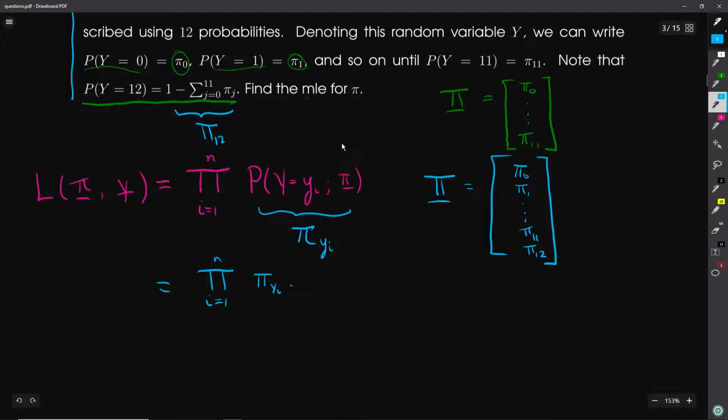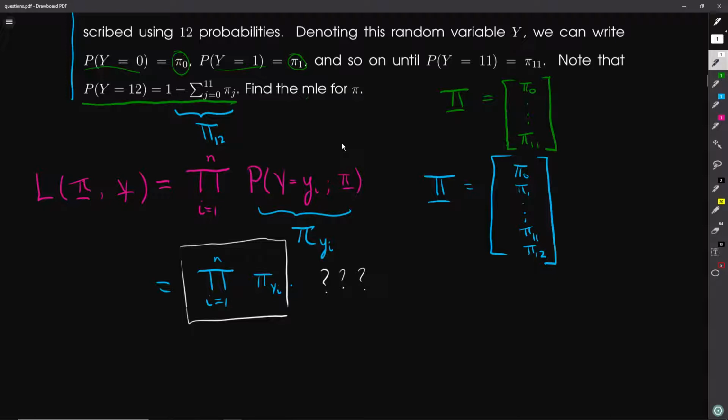Now, if it was me looking at this for the first time, I would be thinking, how do we go about dealing with this? Because this is an expression that looks quite simple. It's just a product of a number of probabilities. But how do we deal with this? How do we deal with the fact that the yi's are in this subscript here?